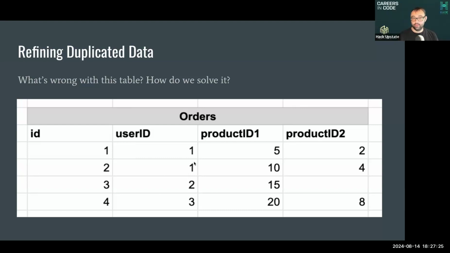The problem here is actually what happens if I want to place a third product on an order. Now I need another entirely separate column for that. Well, what if I want to place a fourth product onto an order, right? When I placed an order at Amazon, I've never gotten a message, you're spending too much money.